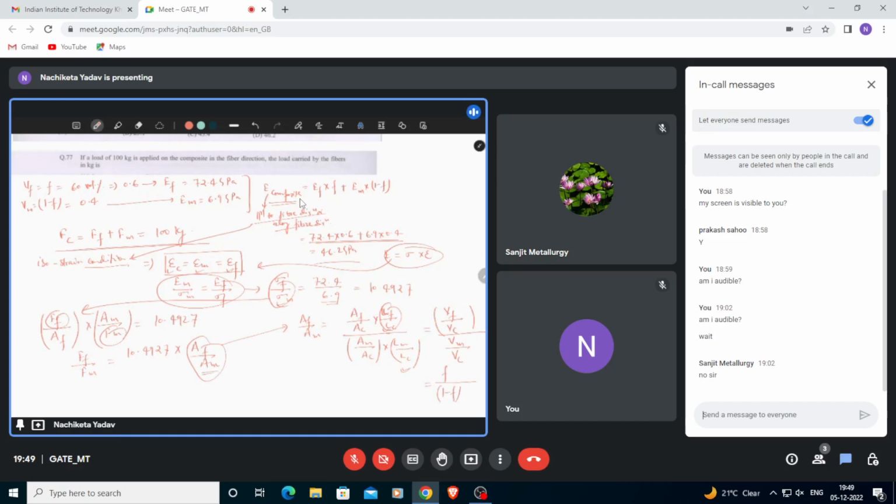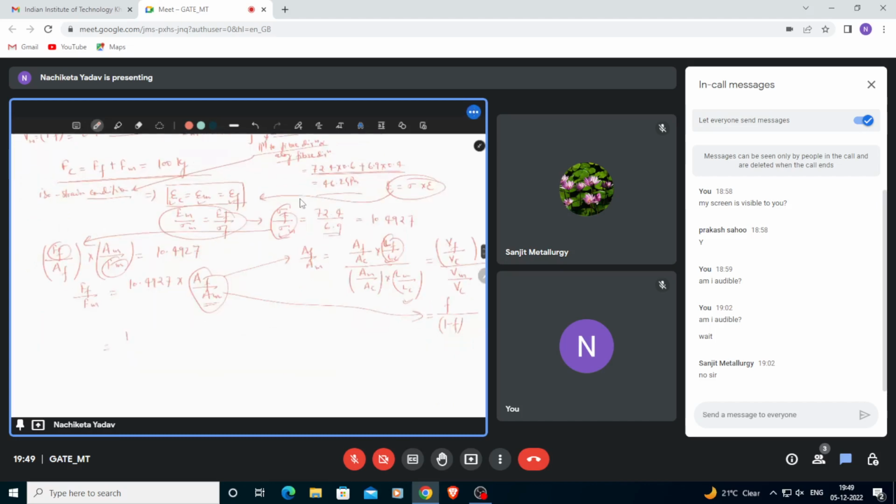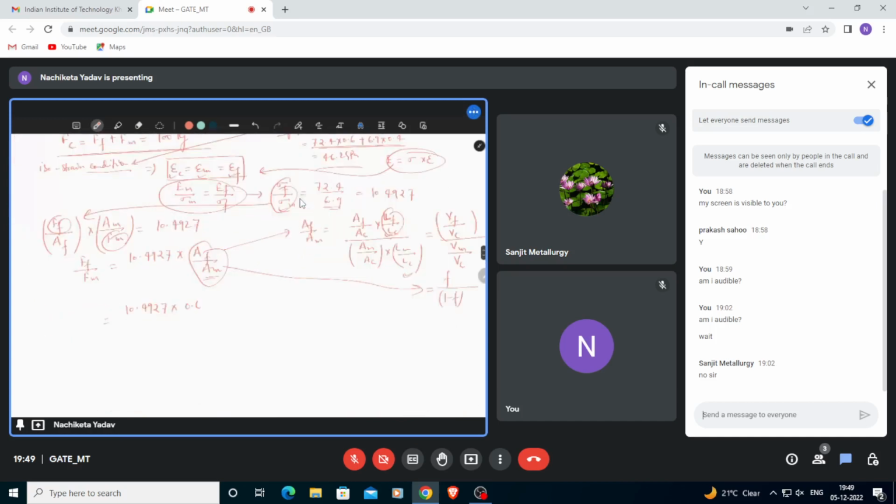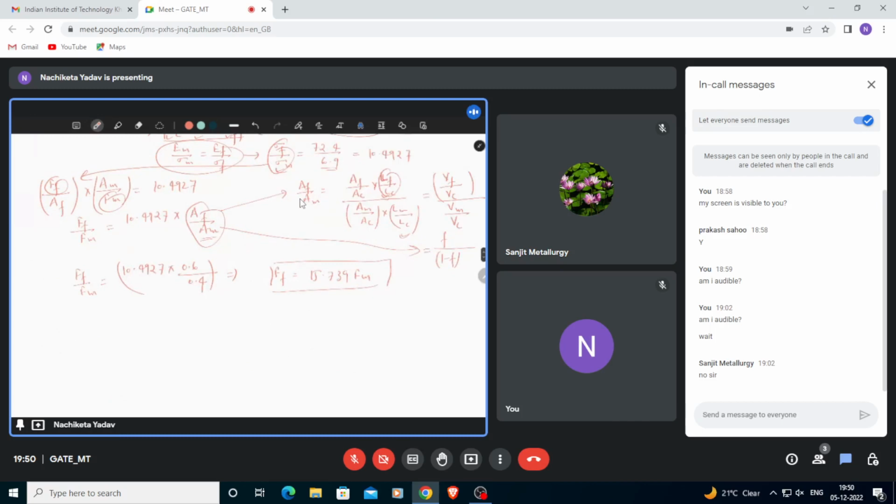So in place of this, we can write 10.4927 times the fiber volume fraction, which is given as 0.6, and 1 minus 0.6 will be 0.4. So FF will be equal to 15.739 FM.